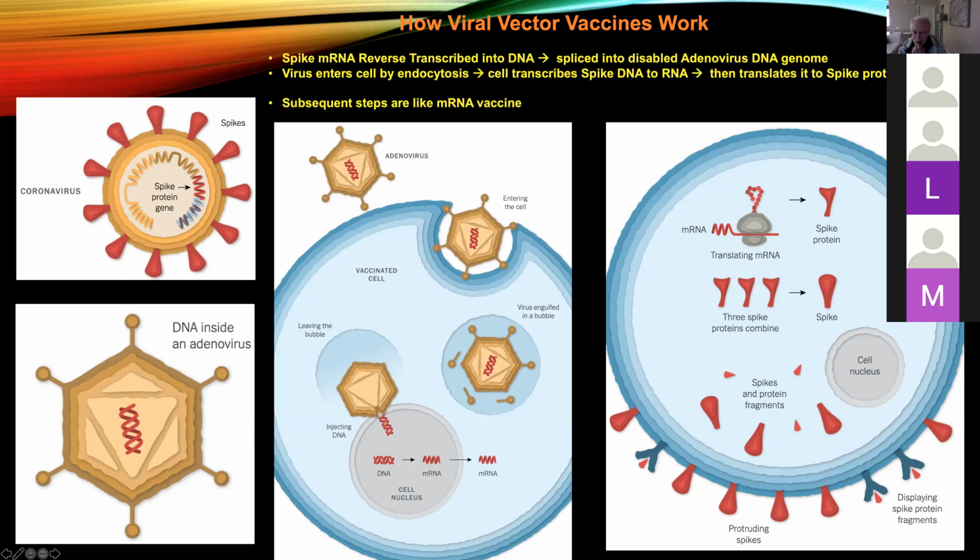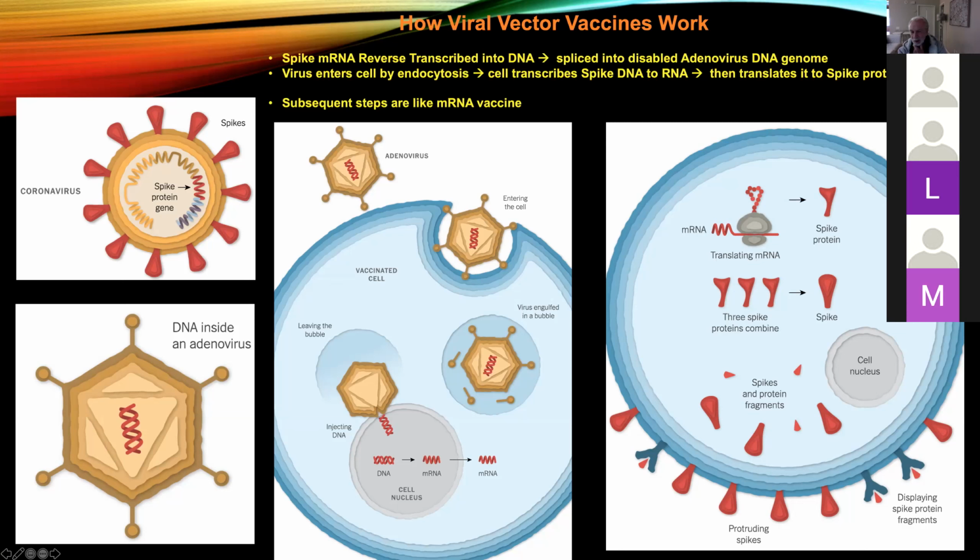I'm glad you asked this question because this is a very important point. The central dogma of molecular biology is that DNA is always transcribed to RNA, and that's always translated into protein. And it's a one-way street. You can't go backward.